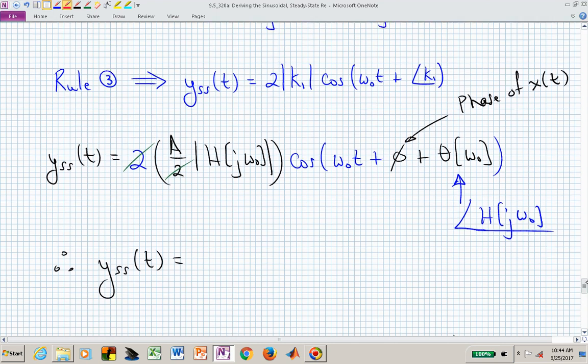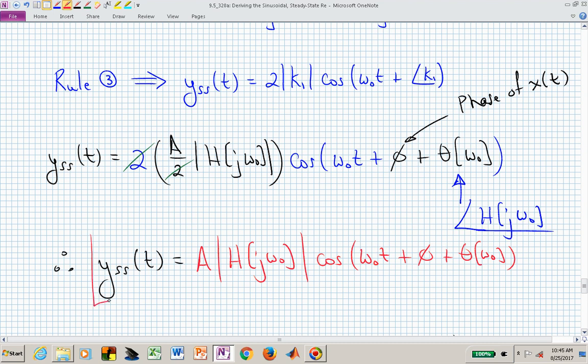We now know that y steady state, after the transients, when we shake this system with a signal A cosine omega naught t plus phi, after the transients, we end up with A scaled by the magnitude of our transfer function at H of j omega naught, cosine omega naught t plus phi plus theta of omega naught.